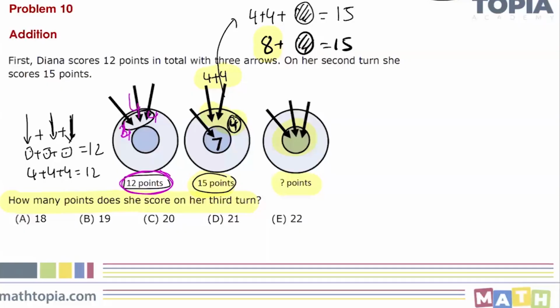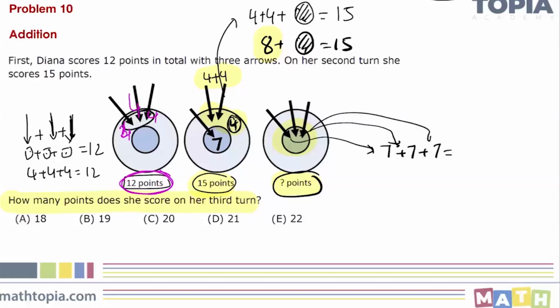Now, what is the last one's total points? Yes, Namık, you are right. 3 arrows hit the middle one, which is 7 plus 7 plus 7. 21. That's great.